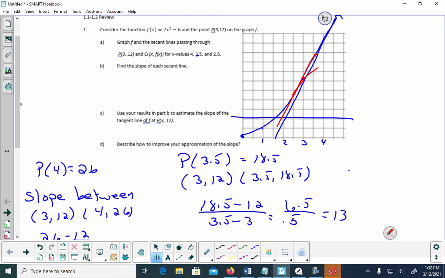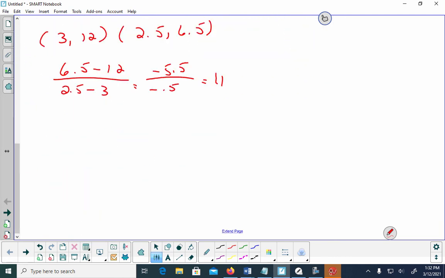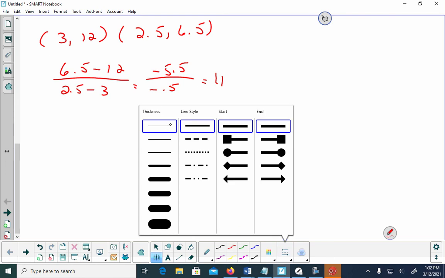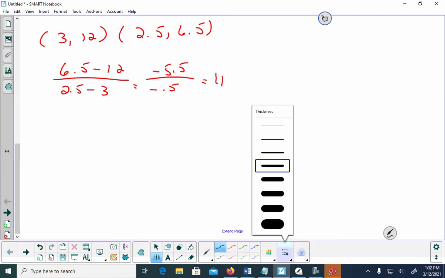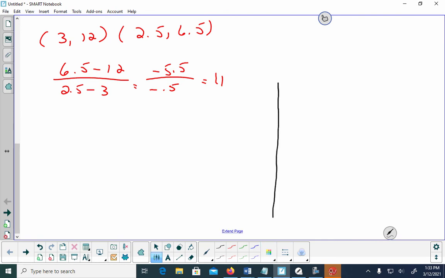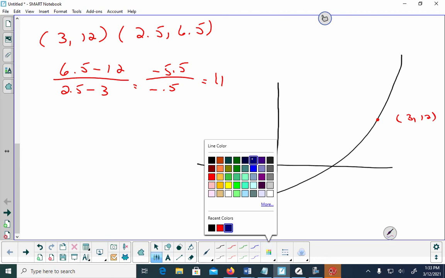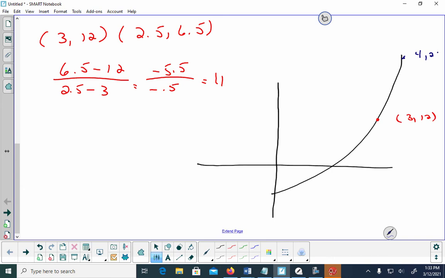If I could do a much better drawing, here's what should be happening. If I had this graph and this point, let's say this is my point (3, 12), and then I did my point up here, (4, 26), and found the slope between those two.